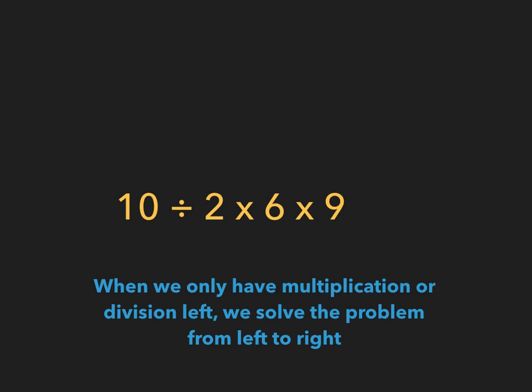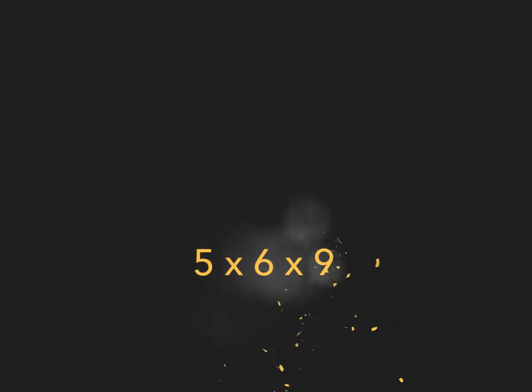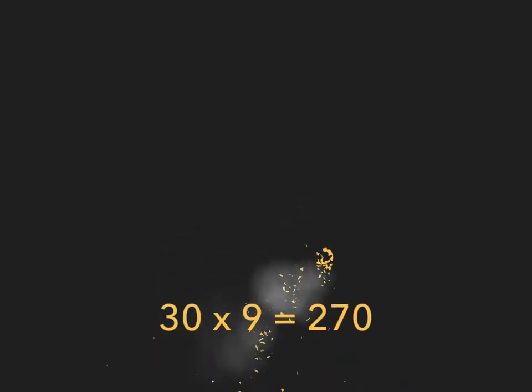In this particular example, I have 10 divided by 2 first. So I'm going to solve that piece of the problem first. 10 divided by 2 is 5. Now my problem looks like 5 times 6 times 9. I can now solve 5 times 6, which equals 30, times 9 is going to equal 270.